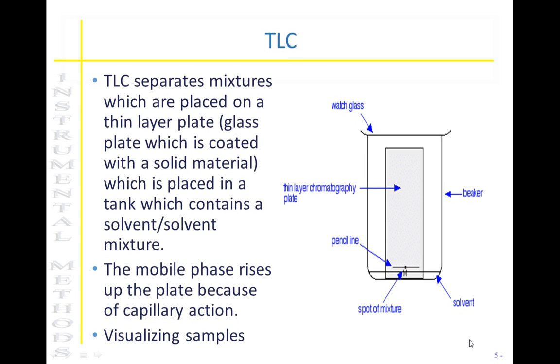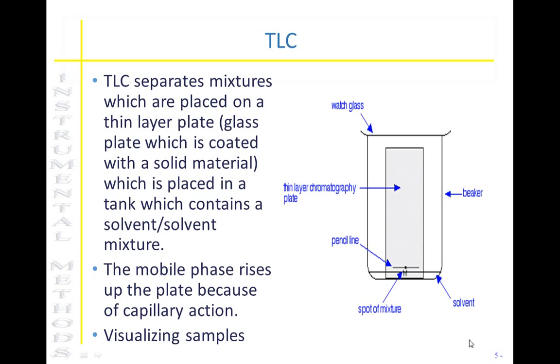The plate itself is then placed into a tank that contains the mobile phase, which is usually a solvent mixture. Through capillary action, the mobile phase will rise up the plate, separating the different components of the sample.